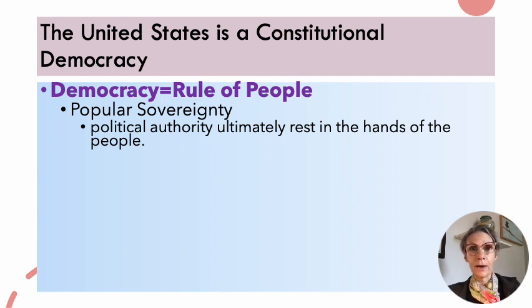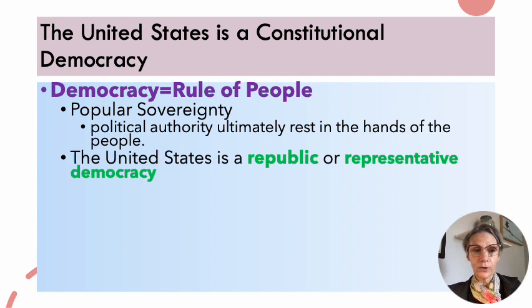It doesn't rest in the hands of a few wealthy people. In the United States, the political authority ultimately rests in the hands of the people. And the way that it rests in the hands of the people is that we elect people and we politically participate. And if we don't like the job that those in power are doing, well, then we have the right to elect new leaders, okay?